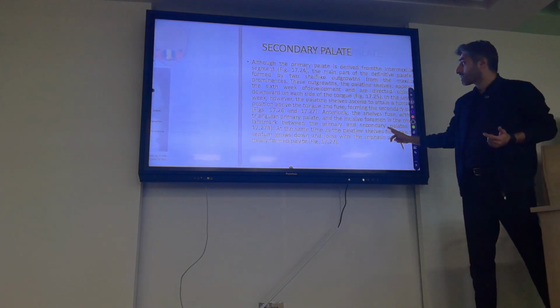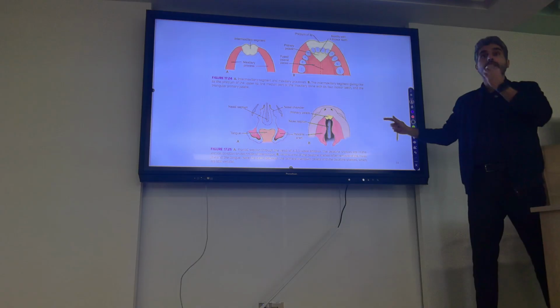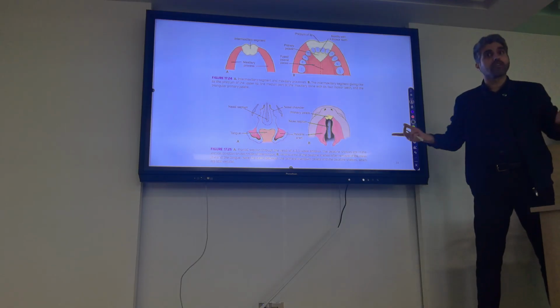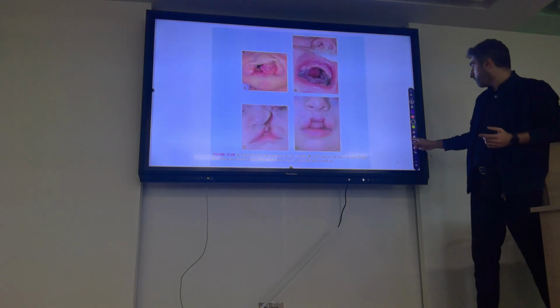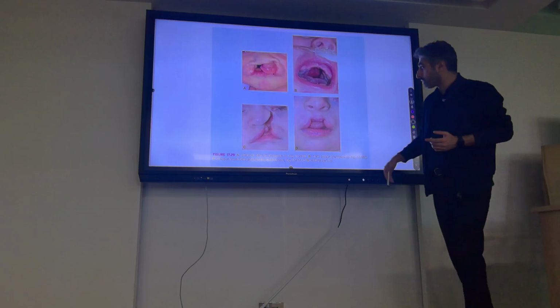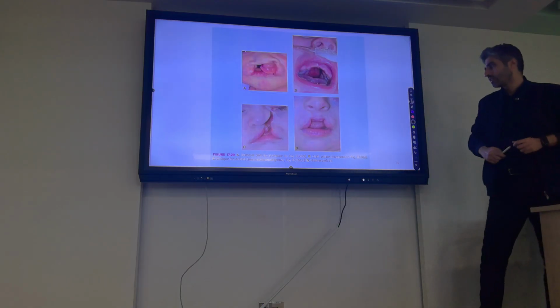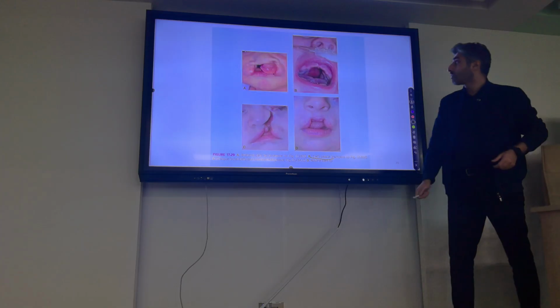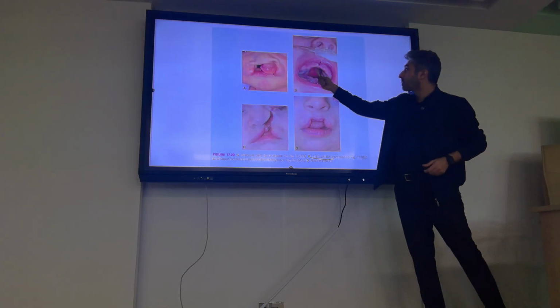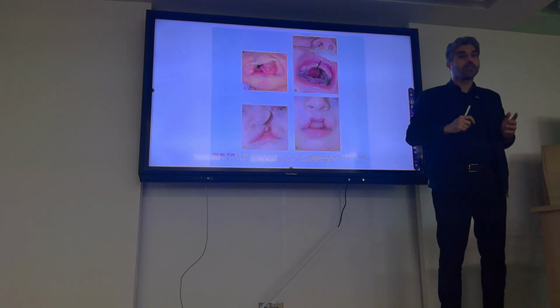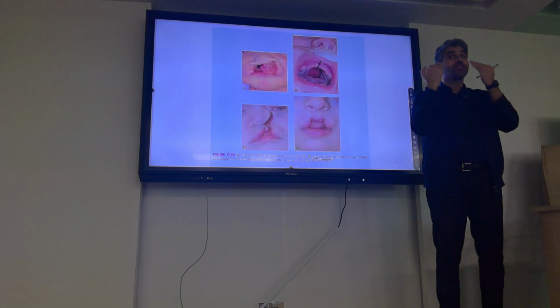And sometimes the cleft is in the hard palate. It's not in the lip and the anterior side. The cleft is very big, and you can see that, for example, in the hard palate. We say palatine cleft, cleft of the palate. Number B, you can see all of the palate is open. So this one is for the secondary palate.